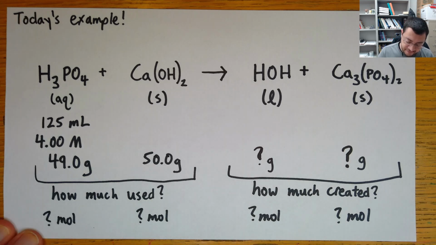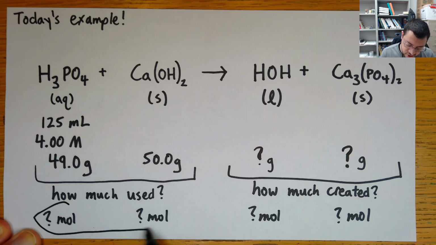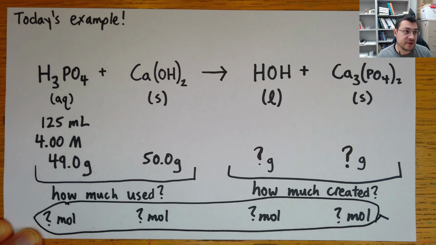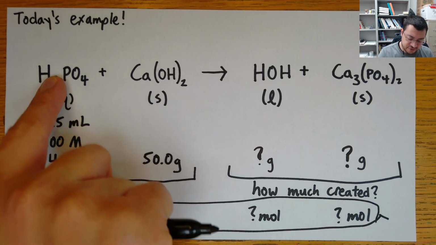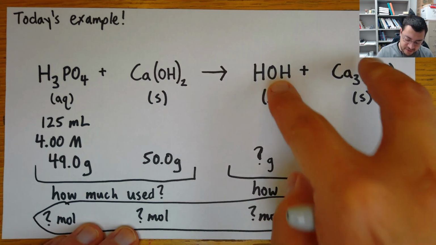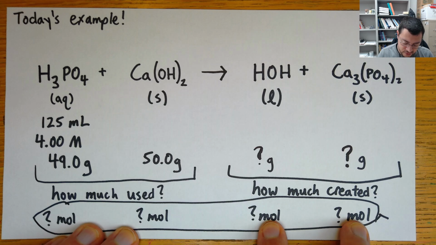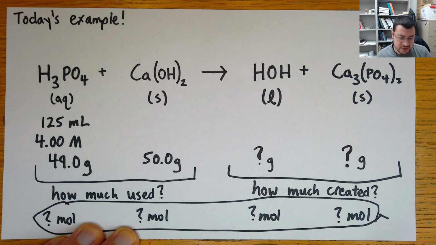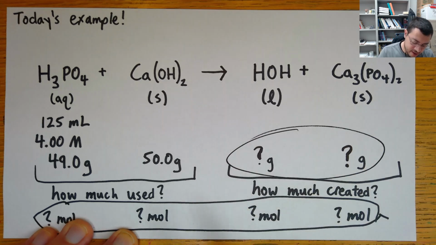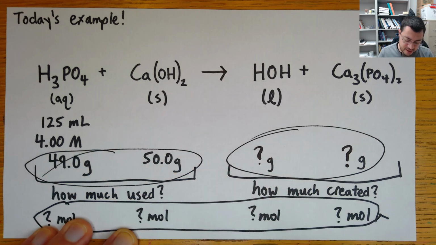I find it easier to teach calculating everything in terms of moles first. So that's how we'll start out. We'll calculate how much of the phosphoric acid and calcium hydroxide we used in moles, and then how much of these are created in moles. And then in the second part, we'll do the busy work of using the molar masses from the periodic table to calculate how much stuff we create in grams and how much of this we used in grams.